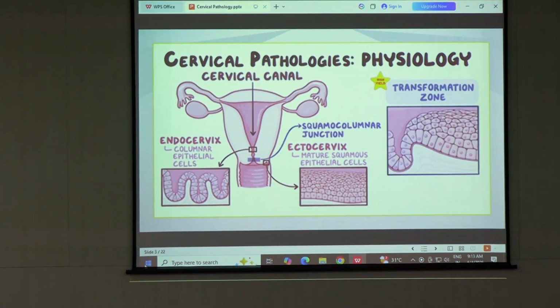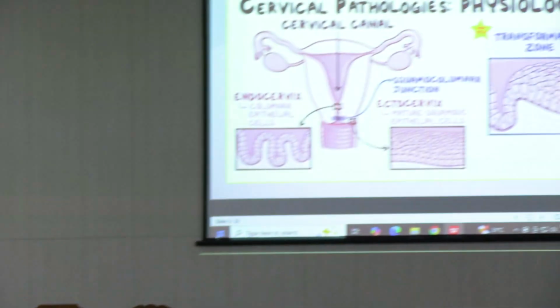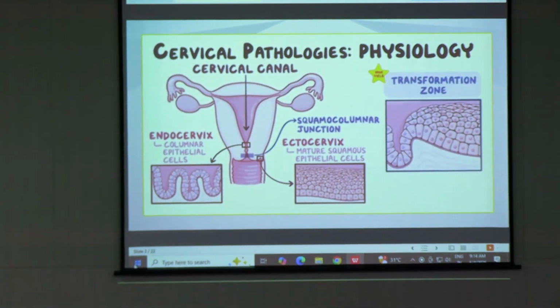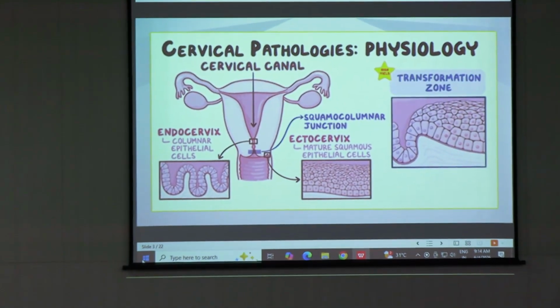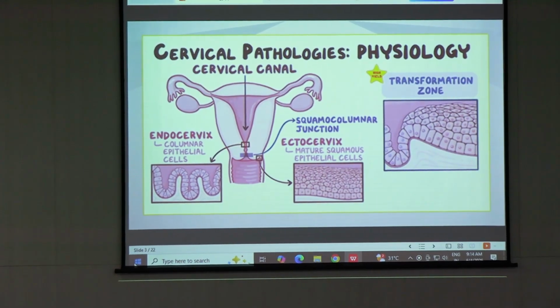Obviously, ecto means outside and endo means inside, right? The ectocervix epithelium is a continuation of the vagina, and the endocervix is a continuation from the uterine cavity. So the ectocervix is lined by stratified squamous epithelium, and the endocervix is lined by simple tall columnar epithelium.